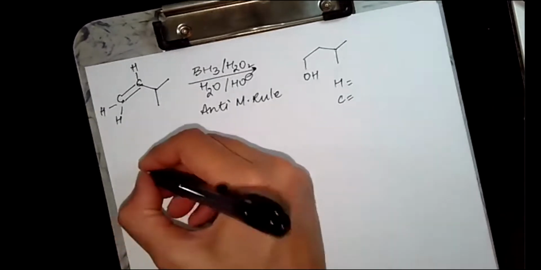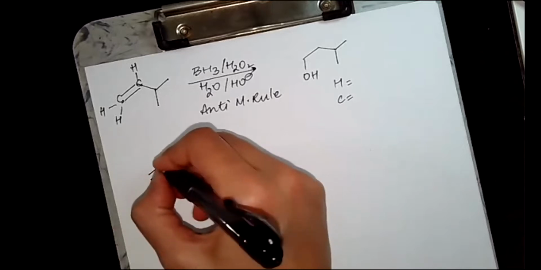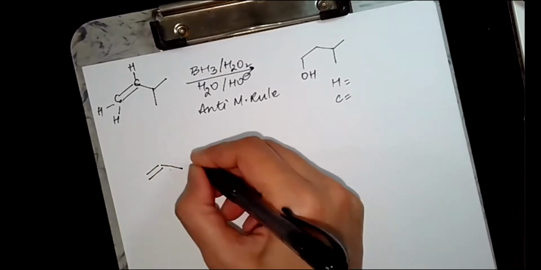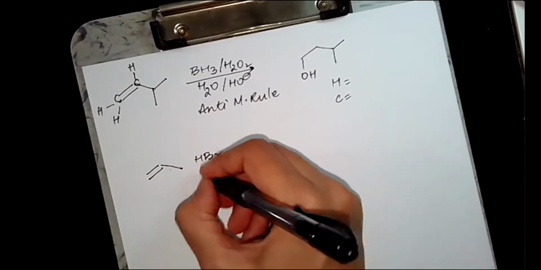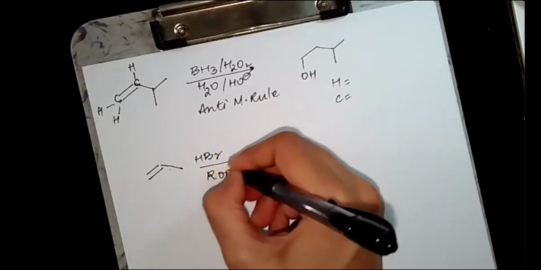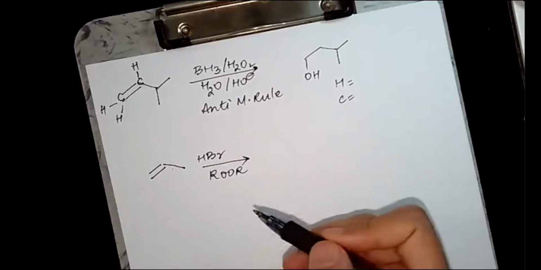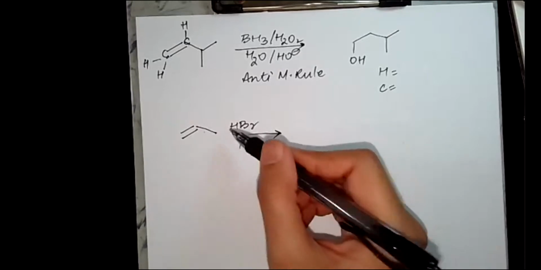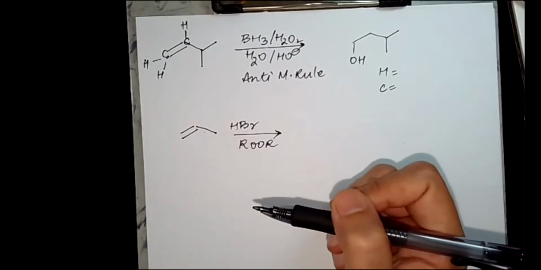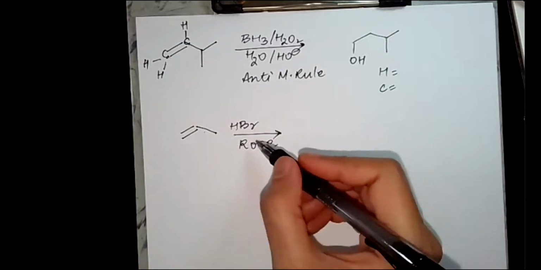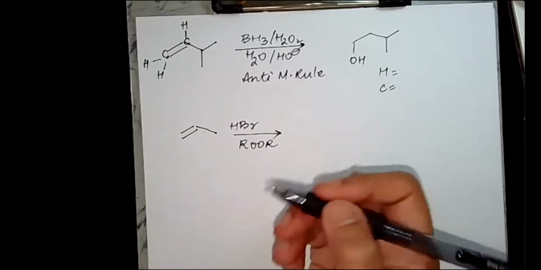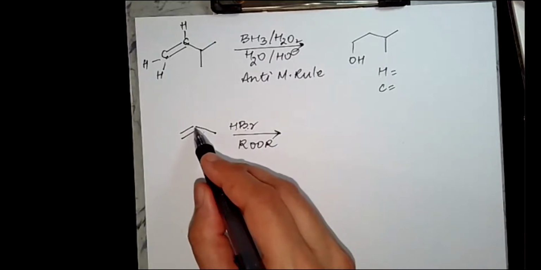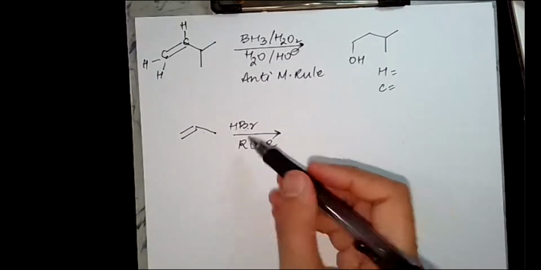Now, let me take this chance to do this also. Do you all remember what this is, ROR? ROR is nothing but peroxide, right? So you have HBr and you have ROR. If it were just HBr, your Br, the incoming nucleophile, would go to the more substituted carbon.